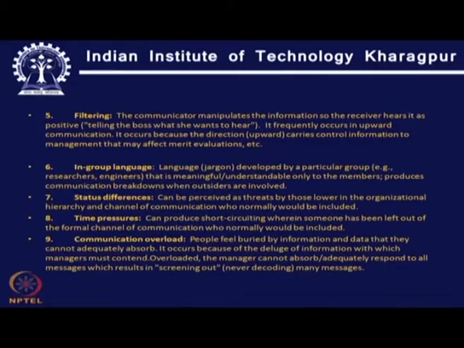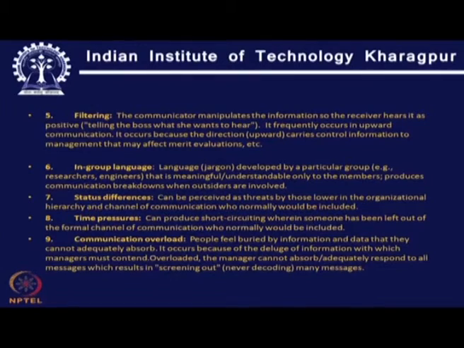Next is filtering of the message. The communicator manipulates the information so that the receiver hears it positively, and it frequently occurs in upward communication. That is, it is just generally telling the boss what he or she wants to hear, and maybe it's not the correct feedback.